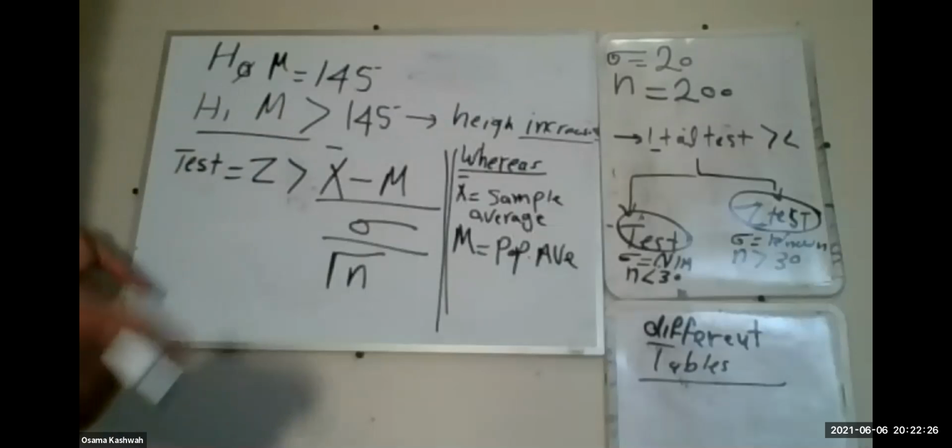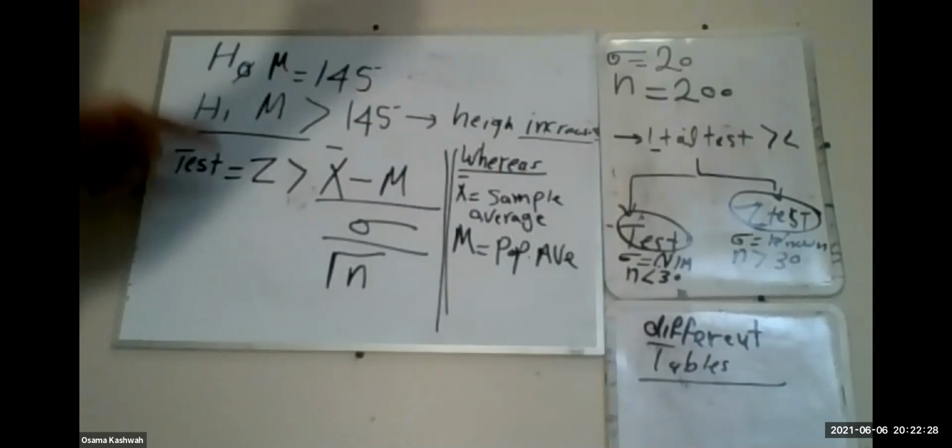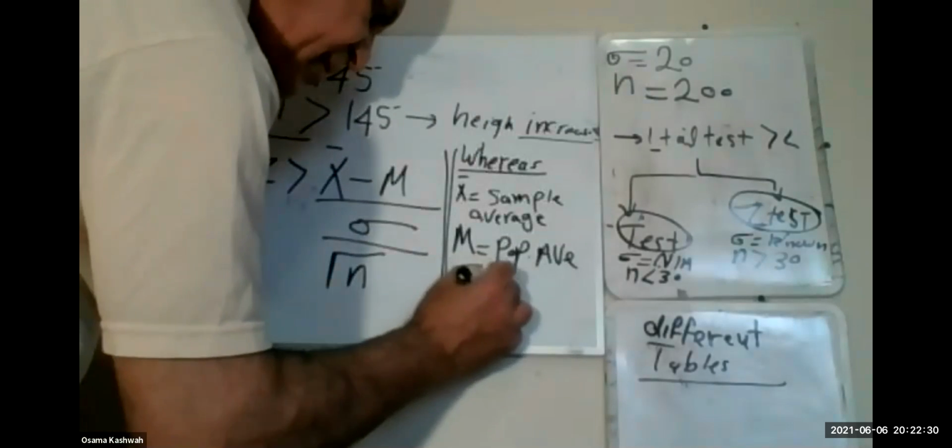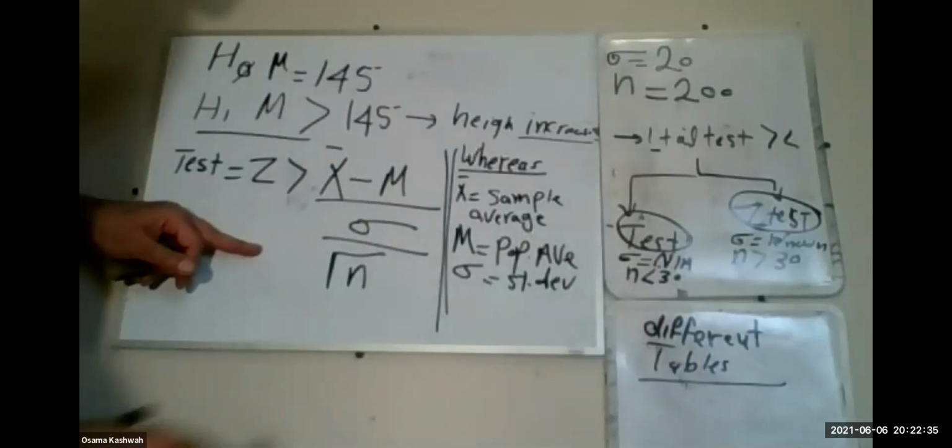Sigma is the standard deviation of the population. And n is the sample size.